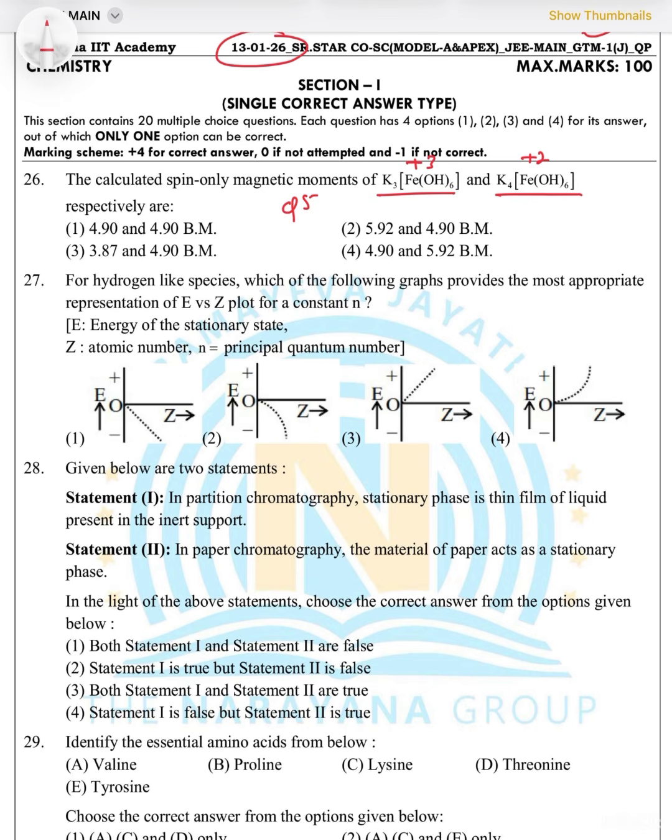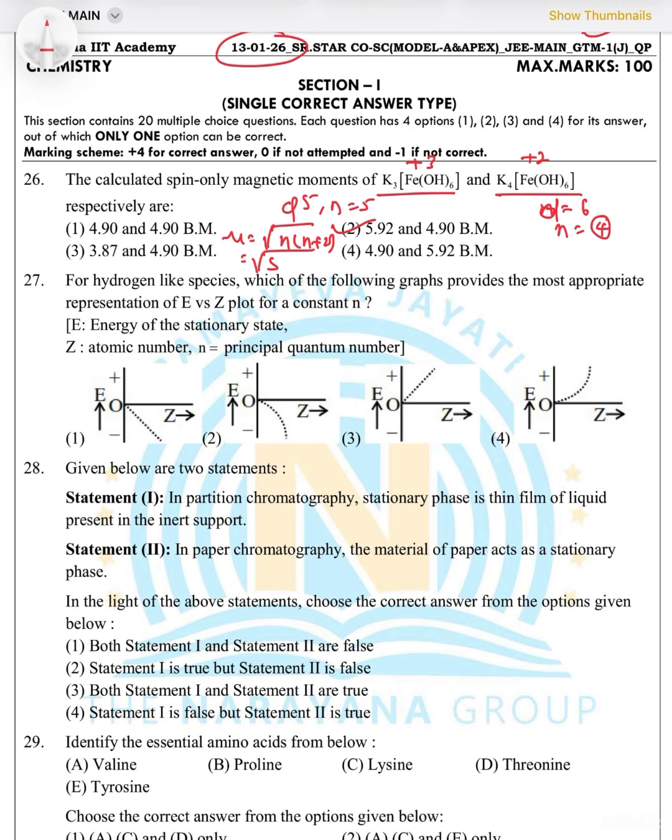So here n is equal to 5. In the case of the second complex, +2, so n is equal to 6, meaning the d orbital has 6 electrons, so n is equal to 4. So the second option is correct. Why? Because n is equal to 5, mu is equal to root of n into n plus 2.